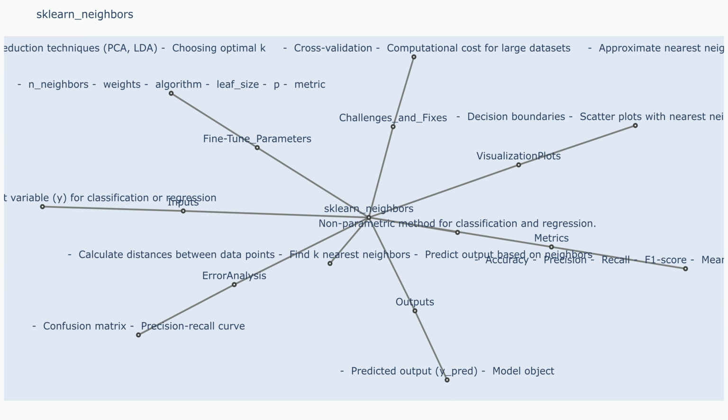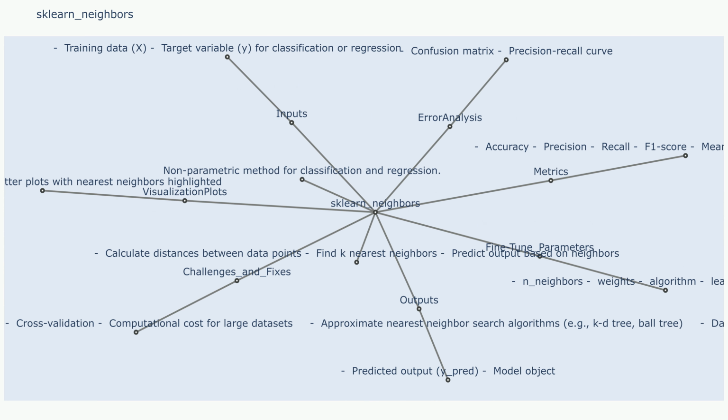Challenge 3. Computational complexity. Finding the k nearest neighbors can be computationally expensive for large datasets, especially with brute force algorithms. Sample use case that resulted in Challenge 3. Training a KNN model on a dataset with 1 million instances and 50 features takes an excessively long time.